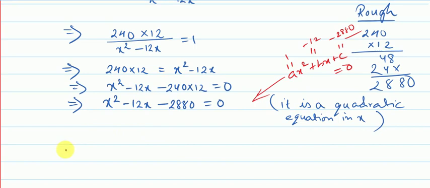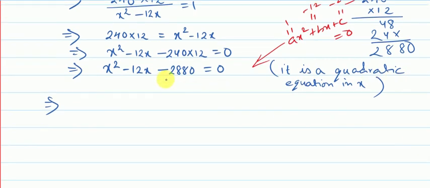So we will do middle term splitting. Somewhere in rough, take this 2880.